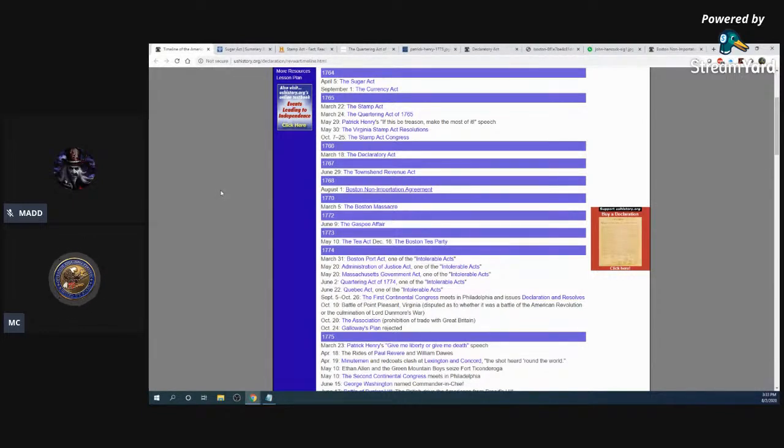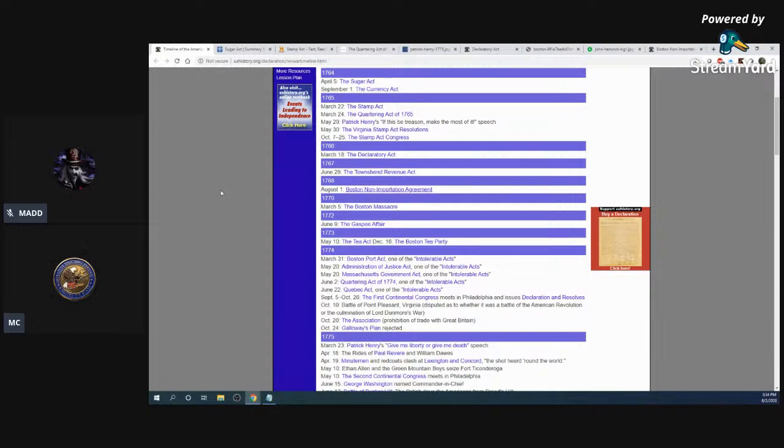You're trying to pay British subjects back in Britain with colonial script," and they're like, "No, this is worthless. You can't come over here and say this is worth £10 because you say it's worth £10. I mean, this is just a piece of paper. How do I know this is worth £10?"